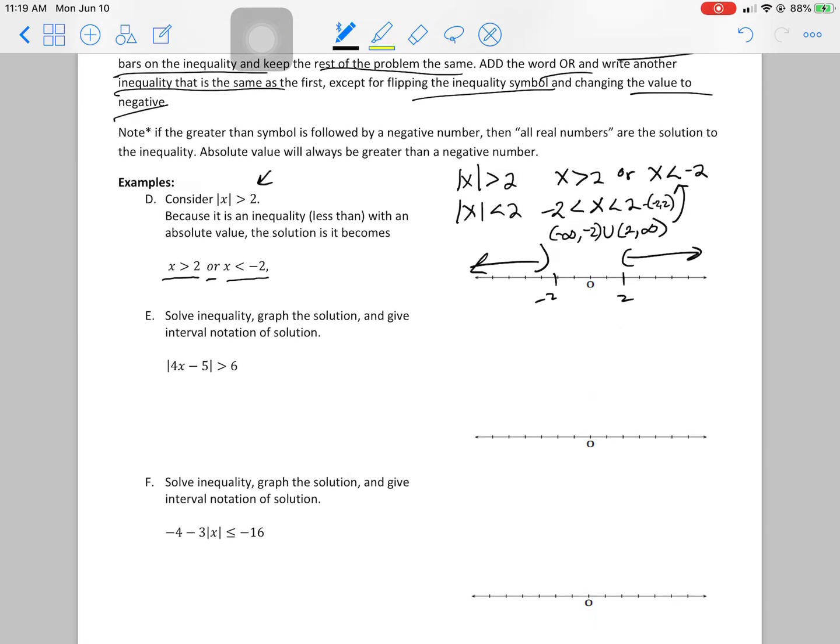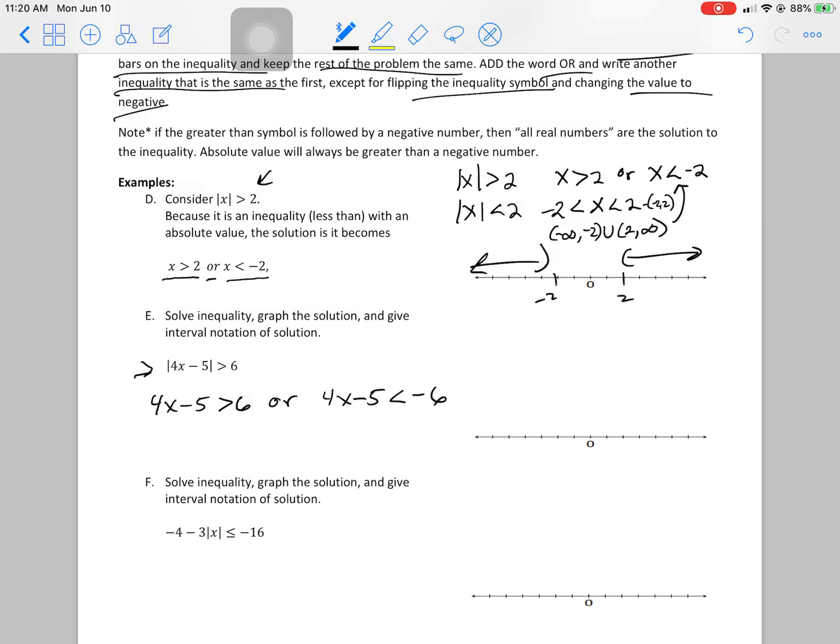All right, so we have an absolute value alone on one side and a greater than symbol. So we write down what's in the absolute value, keep it the same way it is. Then you write the word or. Then you write it again, you flip the symbol and add a negative.